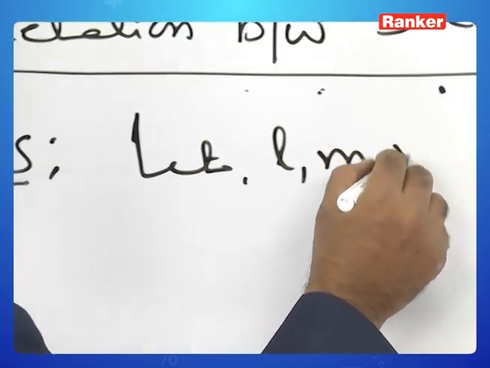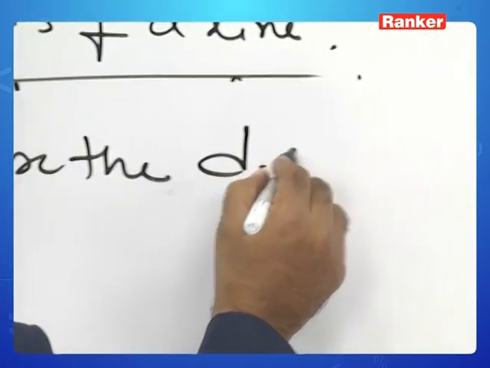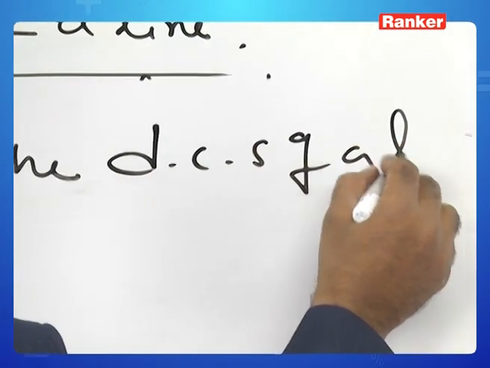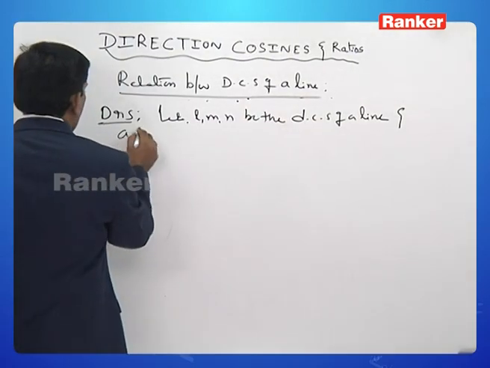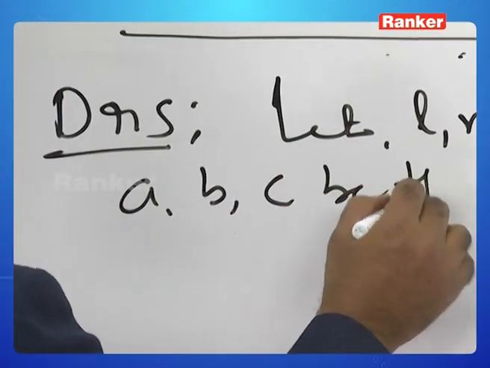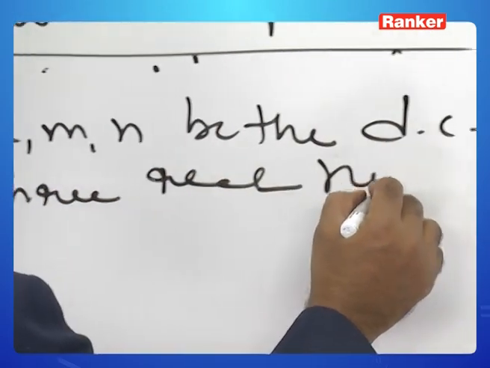Let L, M, N be the DCs of a line and A, B, C be 3 real numbers.